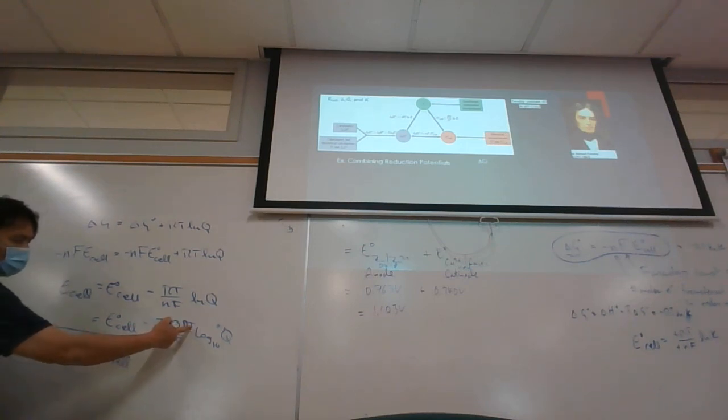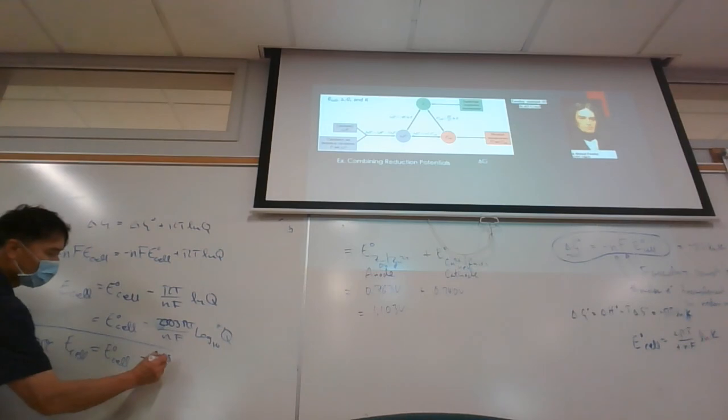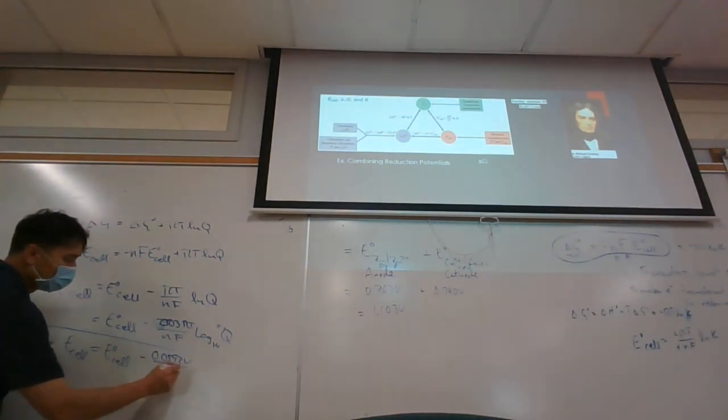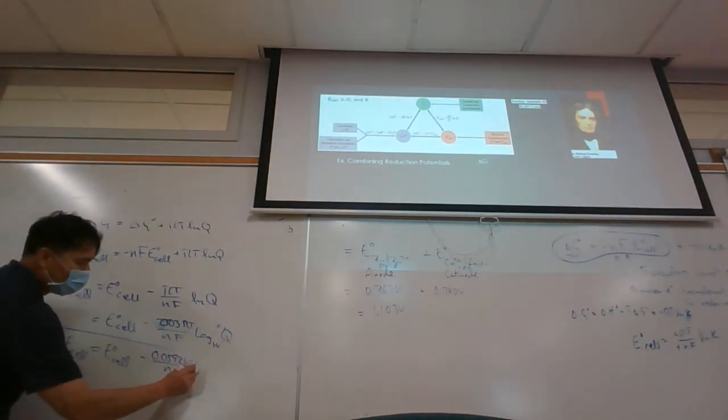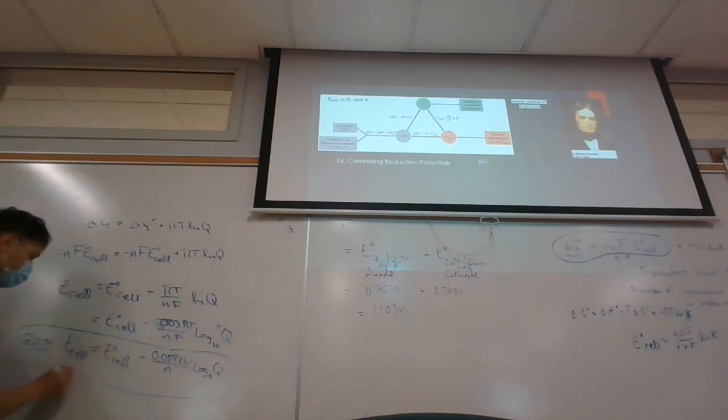R we know, T we know, F we know. And so this is going to equal E naught of the cell minus 0.0592 volts over n, or z, log base 10 of Q. This is called the Nernst equation.